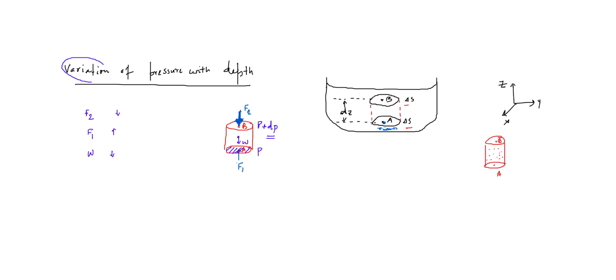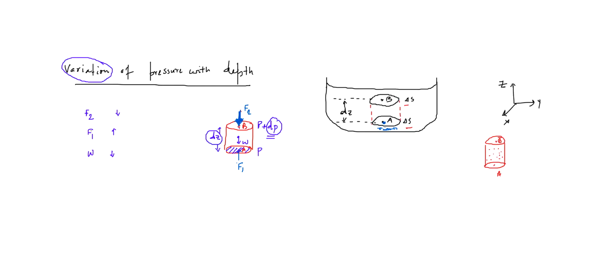That is, we need to find the relation of dP, the pressure difference between point A and point B, and dz. The pressure difference is dP, but the difference in height or depth is dz. So we aim at finding the relationship of dP with dz, right?